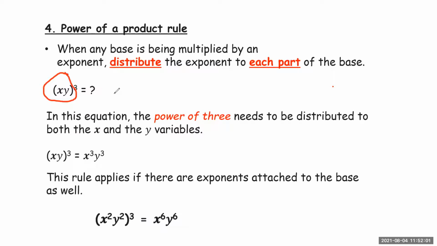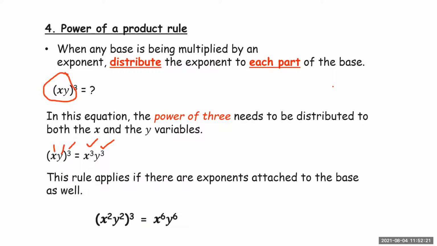As per the rule, distribute the exponent to each part. That means it is x power 3 and y power 3. So this 3 is distributed between this and this: x power 3, y power 3. There's no change in the multiplication here; it remains the same.